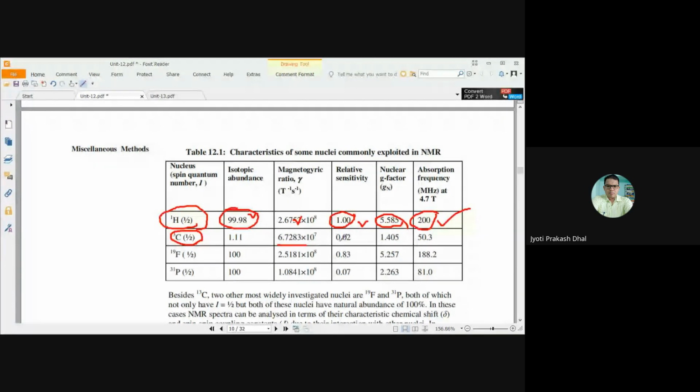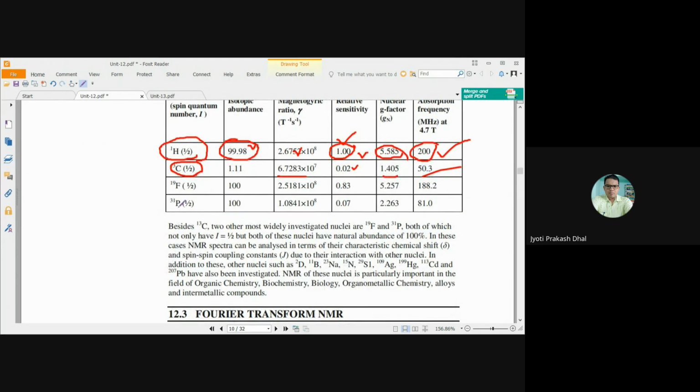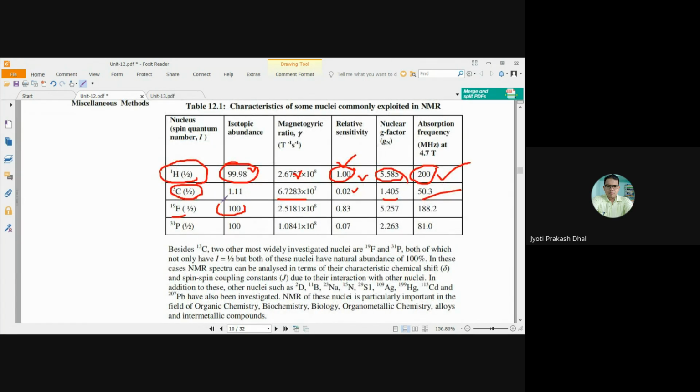If the intensity for proton NMR is 100%, then for carbon 13 NMR its intensity will be 2%, and here are its g value and the absorption frequency value. Then for F19, the abundance is 100%, but if the intensity of proton NMR for the sample is 100%, then fluorine NMR will show 83%.